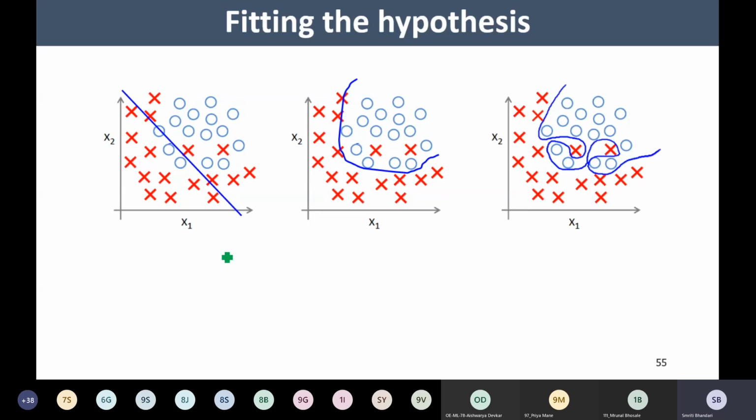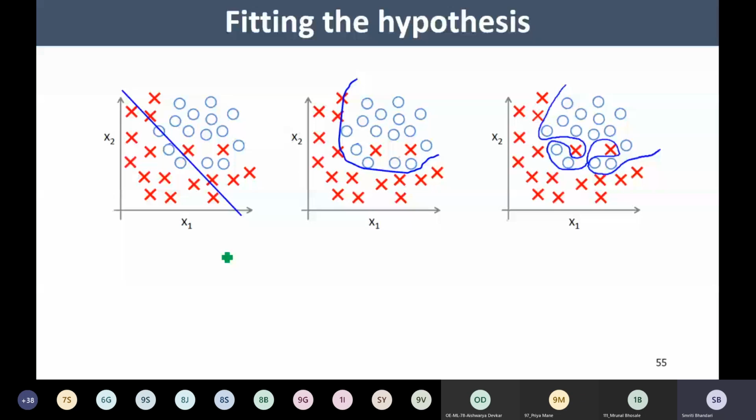Now, if I have such functions, then I need to look at which mapping function or which hypothesis suits our data the best. What is the right fit, the good fit for my data?